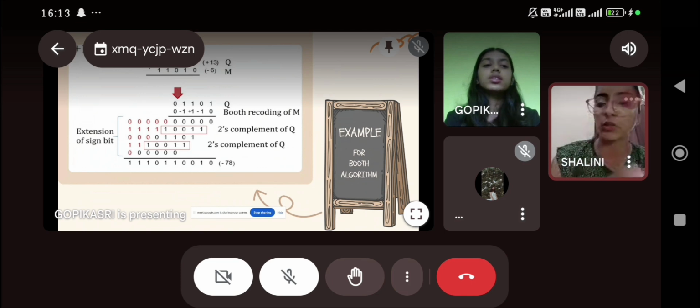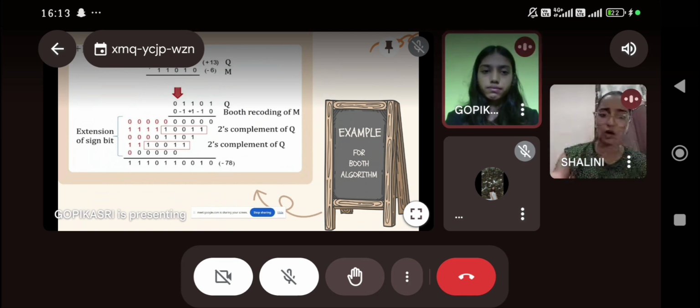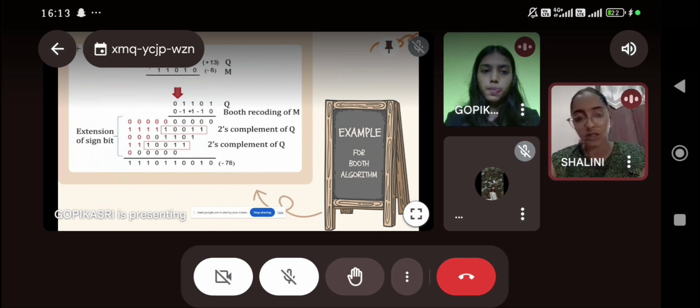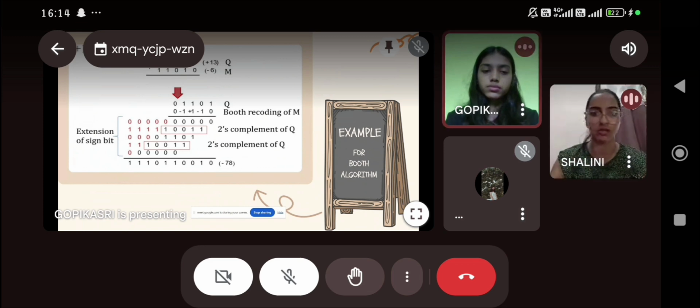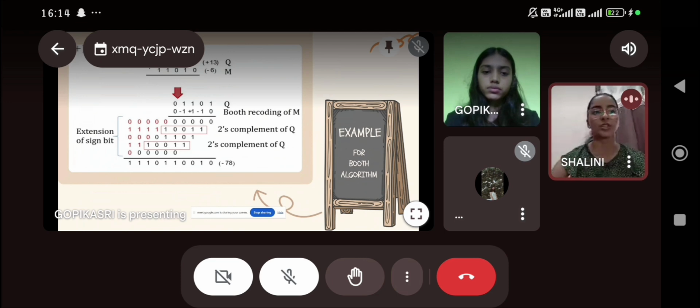And then we will be adding all the 5 results using the normal binary addition method, which is like 0 plus 0 is 0, 0 plus 1 is 1, 1 plus 0 is 1 again, and 1 plus 1 will be 0 with carry 1. By performing this binary addition, the actual result will be 1, 1, 1, 0, 1, 1, 0, 0, 1, 0.